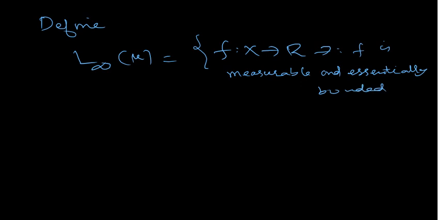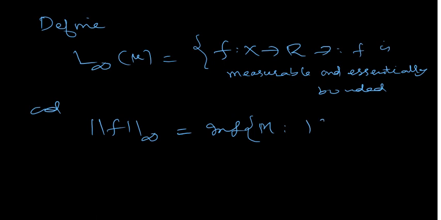Let's define the norm infinity as equal to the infimum of m's such that mod of f of x is less than or equal to m almost everywhere.